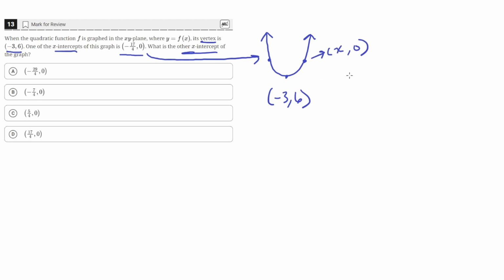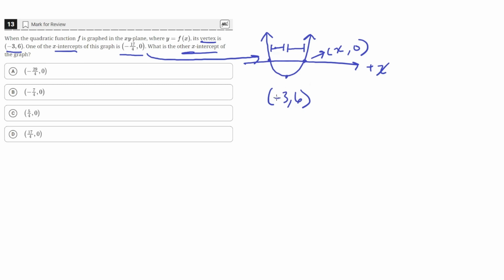So its coordinate will look like some constant k, 0. Since it's on the x-axis, the y value is always 0. And we can use the fact that the distance from one of the x-intercepts to the vertex is always equal to the distance from the vertex to the other x-intercept, which is saying that the vertex is in between the two x-intercepts.